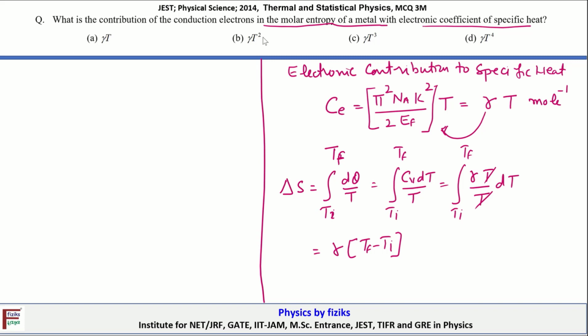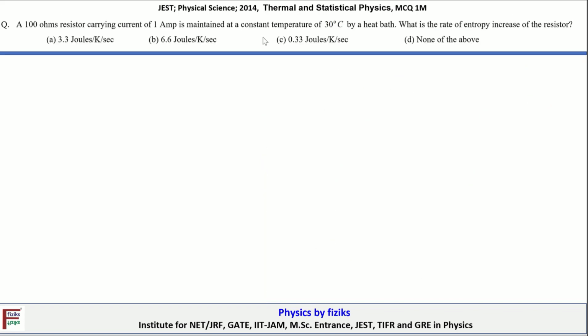If we take the initial condition at absolute 0, then this can be written as gamma times T, where T represents the final temperature. So with this discussion, option A is the correct one. Let's take a look at the next problem.